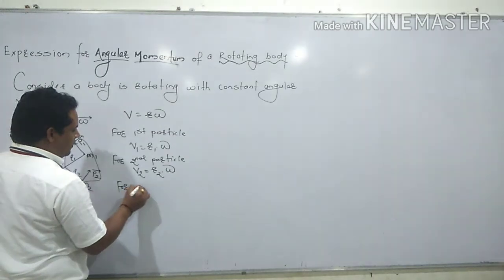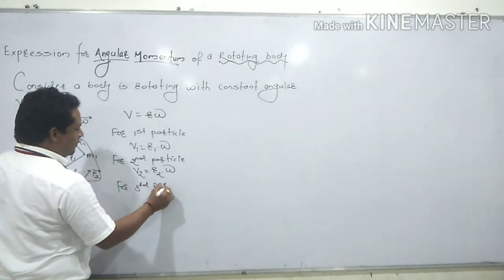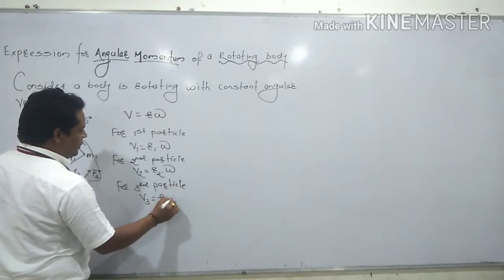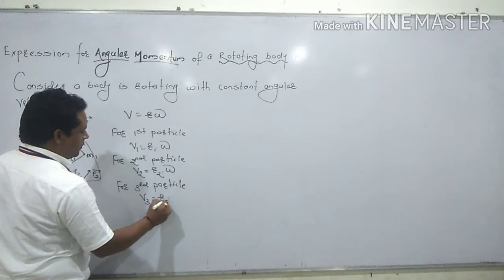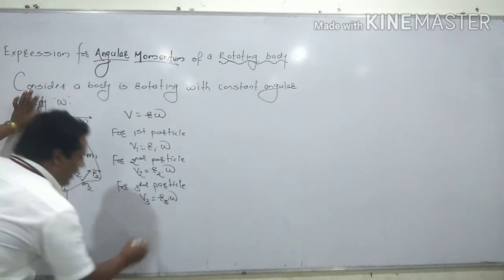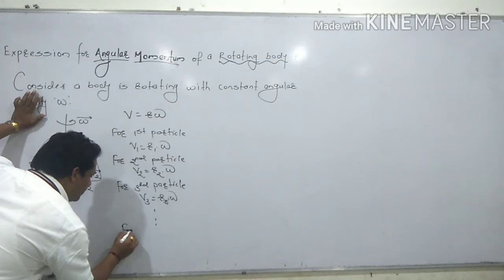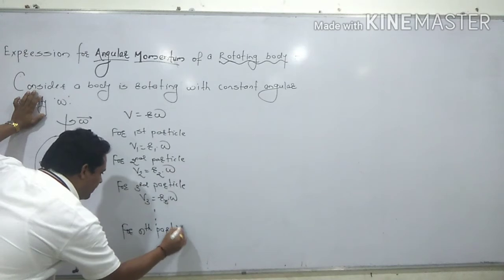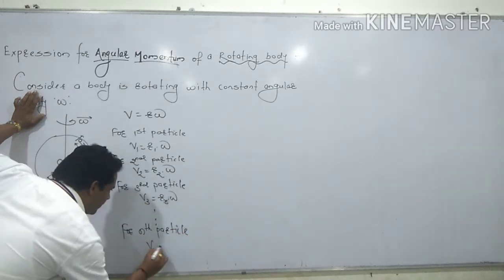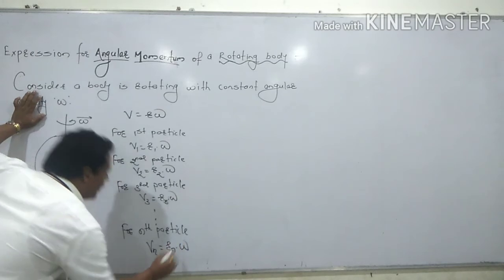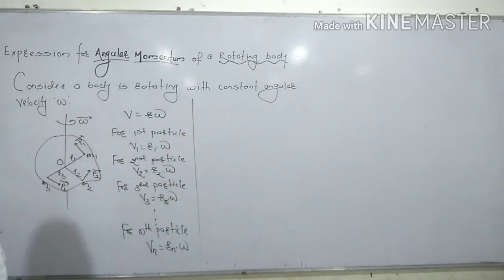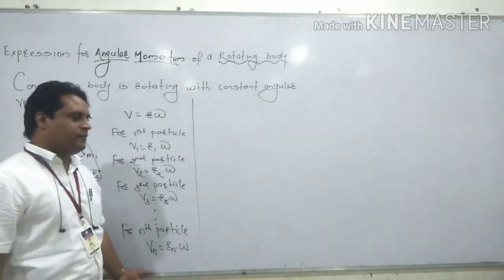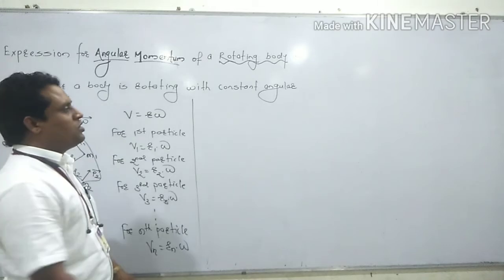Now for the third particle, V3 is equal to R3 omega, and for the nth particle, this formula can be written as Vn is equal to Rn omega. These are the linear velocities of the n number of particles which are performing circular motion.